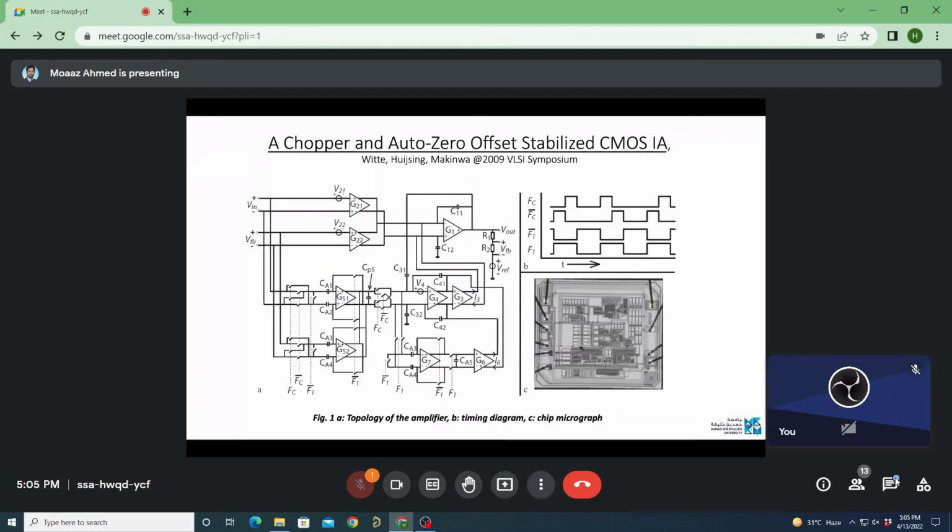You can study the paper; that's why I've named it with the name of the paper, so you can easily study it if you are more interested. I just wanted to give you an idea of how all these instrumentation amplifiers work in principle. These are one of the latest topologies. Most of the work is done by Makinwa and the Huijsing group at TU Delft.